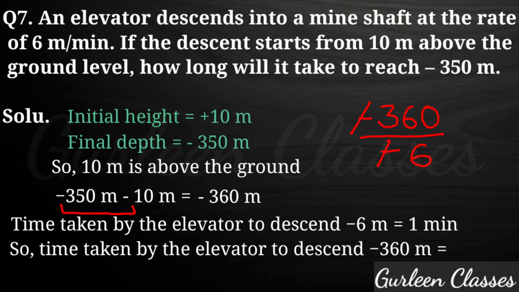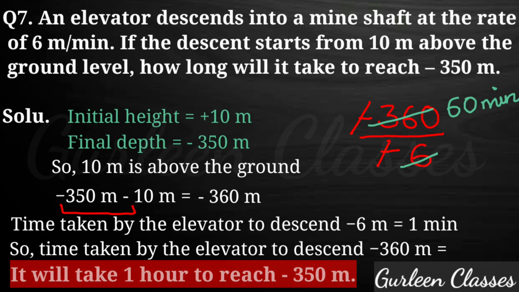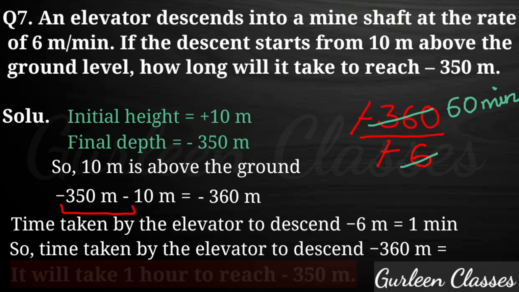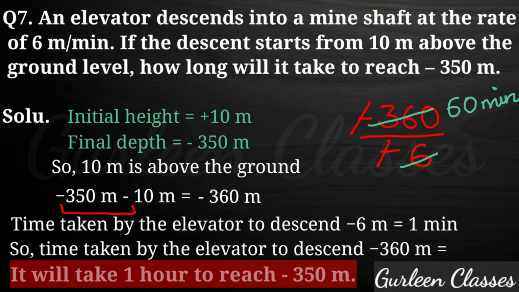Minus minus cancel. 360 divided by 6, that is 60 minutes. 60 minutes can be written as 1 hour. So the question was, how long will it take to reach minus 350 meter? It will take 1 hour to reach minus 350 meter.